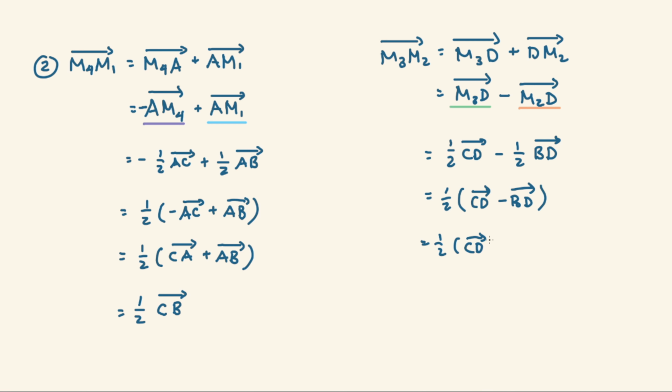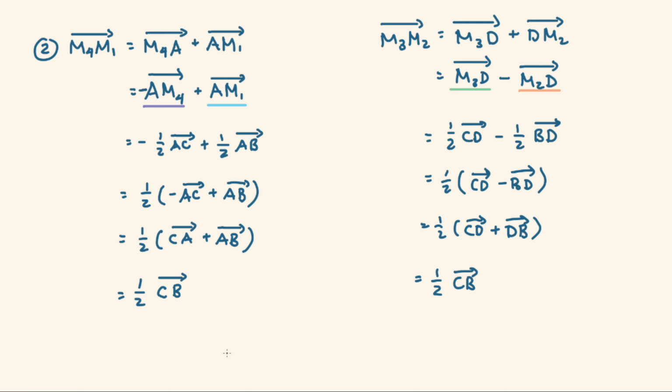Okay, so let's just rewrite that as plus the vector DB. And now using that first vector property that we had before, we can add these two vectors together. That's going to give you 1/2 of CB. Okay, and so once again, we can look at the left-hand side here. We see M4M1 comes out to 1/2 of CB, and M3M2 comes out to 1/2 of CB.